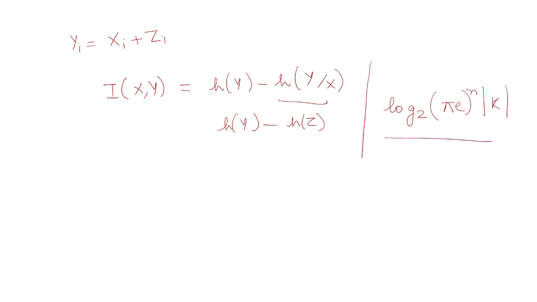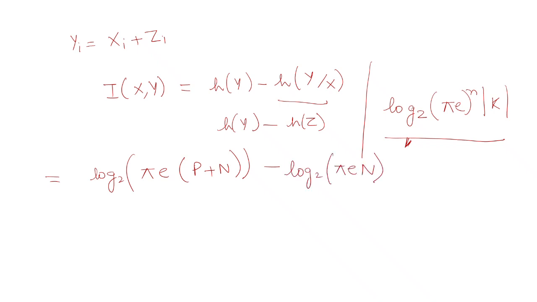So instead of the previous expression, now we will substitute this expression as the differential entropy. So we get log 2 pi e, again p plus n, minus log 2 pi e n.